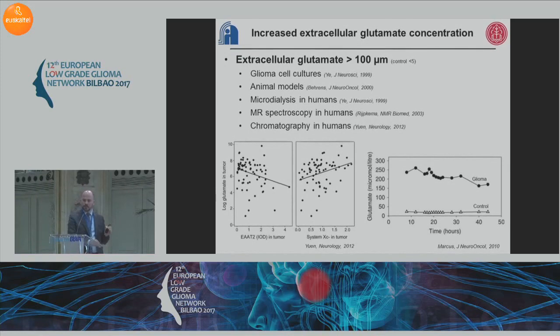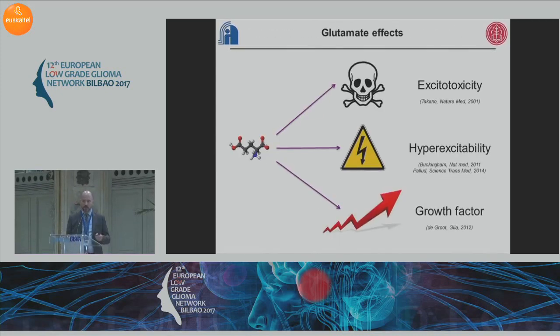To date, the extracellular concentration of 2-hydroxyglutarate in humans is still unknown, to my knowledge. As a consequence, the increased extracellular concentration of glutamate induces three main effects: excitotoxic cell death, neuronal hyperexcitability that produces seizures, and tumor growth factor.